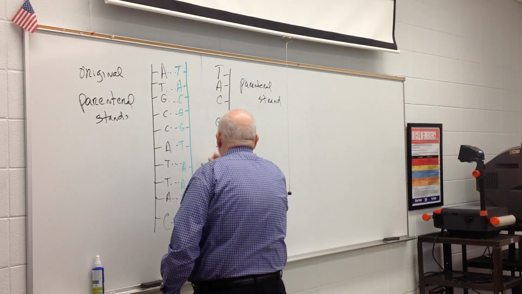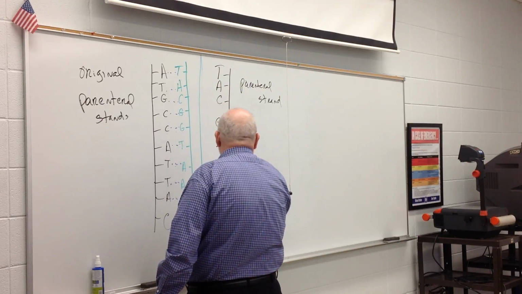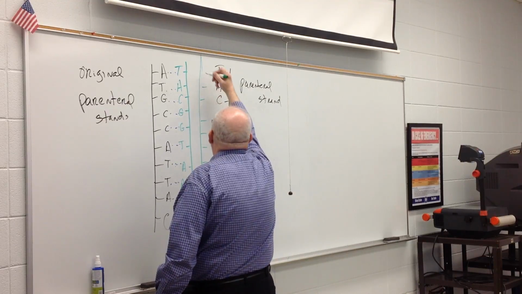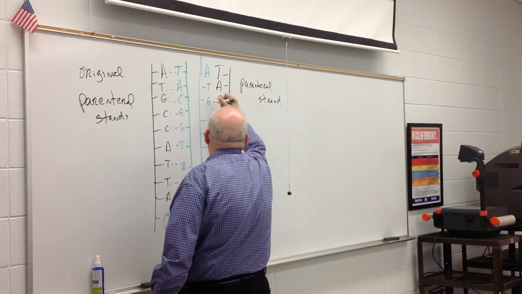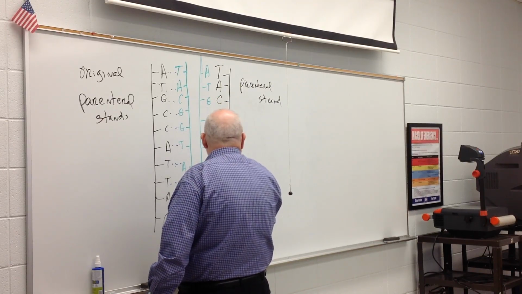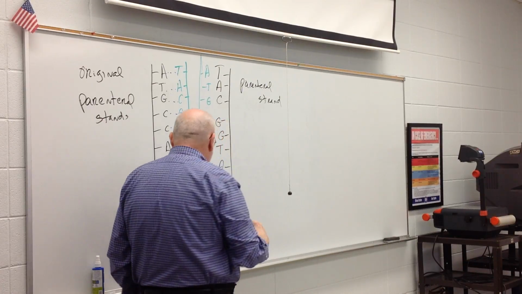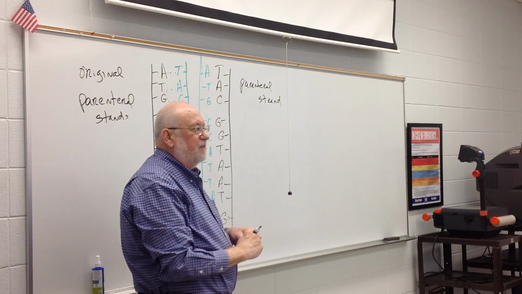All right, so what am I going to put over here? Well, the complement of what I've got from that parental strand. So, starting up here, I'll have an adenine, thymine, guanine, cytosine, cytosine, adenine, thymine, thymine, adenine, and cytosine. All right? That looks exactly like that, doesn't it?